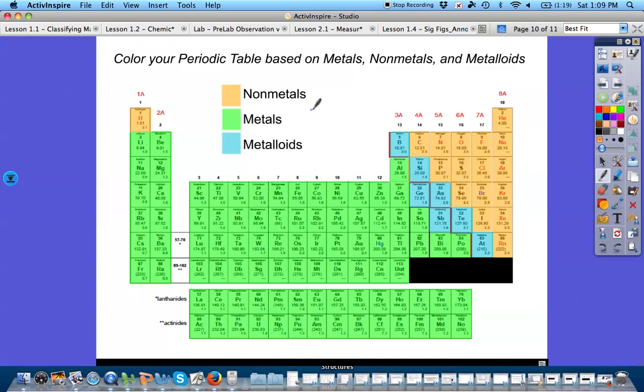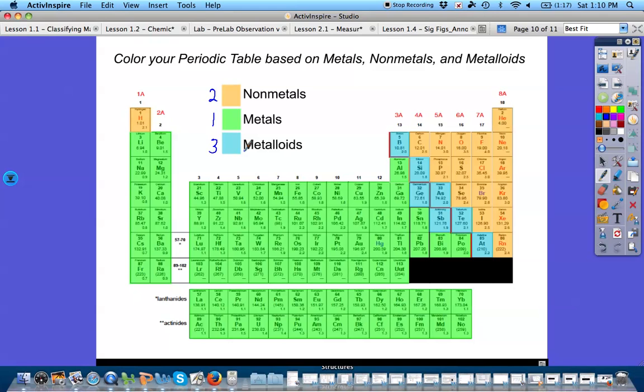So one thing I just want to point out is that on your page, metals is listed first, then nonmetals, and then metalloids. You can use the green, the blue, and the orange, or you can use any colors.